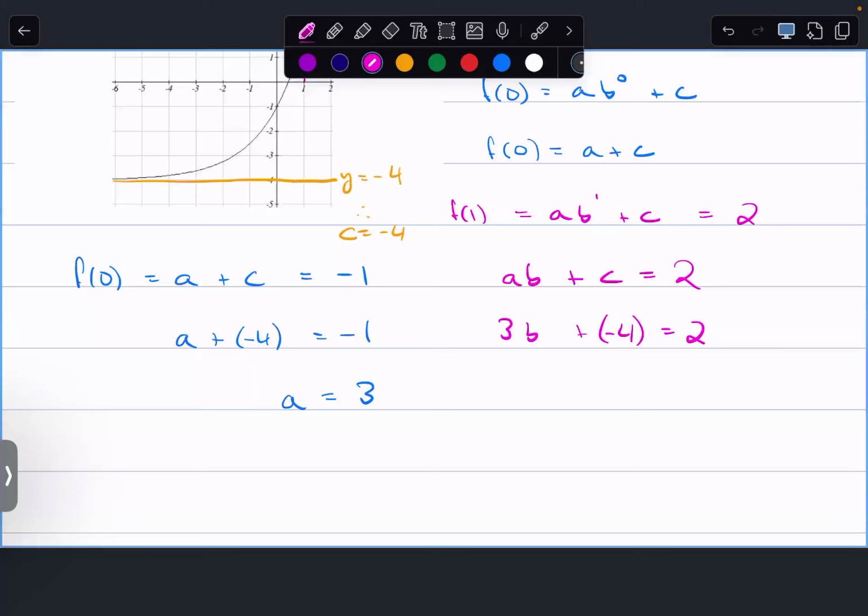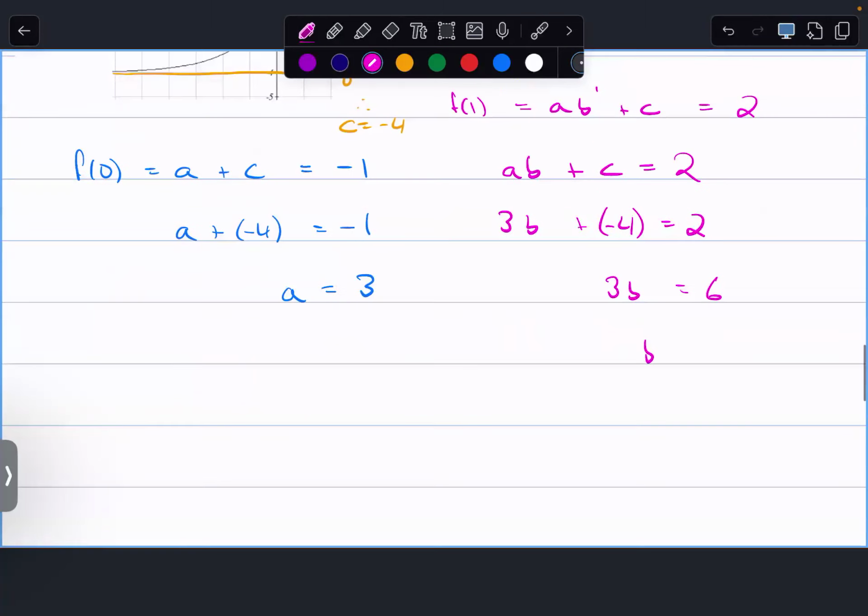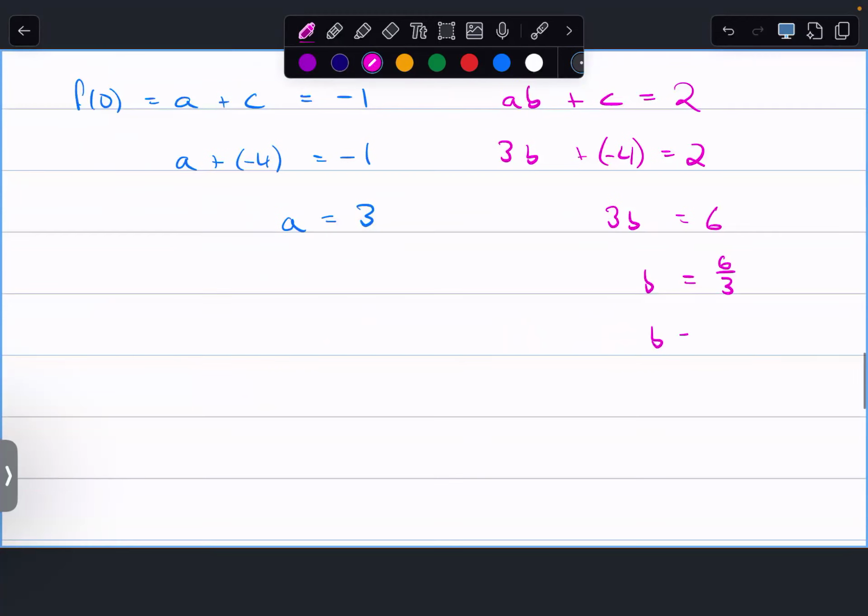Right. Subtraction is just a special case of addition. And so now I have 3b minus 4 is equal to 2. And so solving for b, I get 3b is 2 plus 4, which is 6. So b must be 6 divided by 3. And I'm going to go for 2.